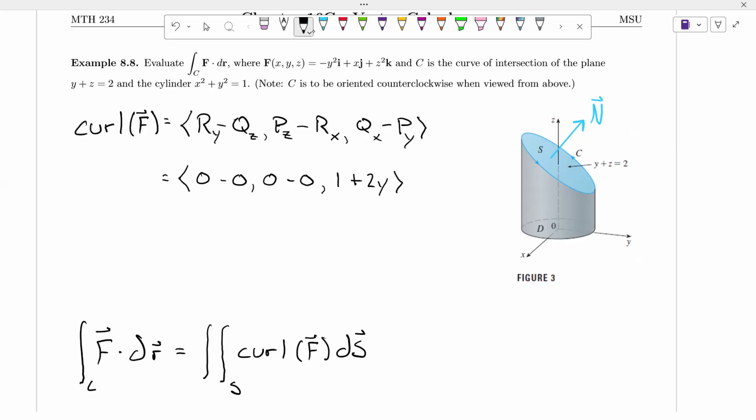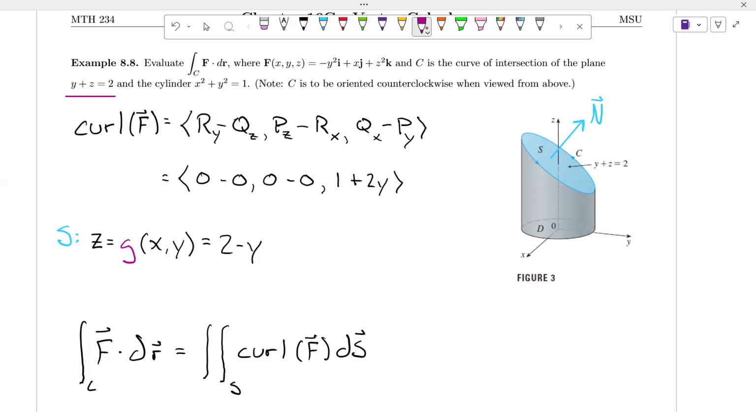In particular, my surface S is z equals g of x and y, because it's an explicit surface, and it's just 2 minus y. Right, that's my surface right over here. y plus z is equal to 2. So I can solve that thing for z and just have an explicit function.